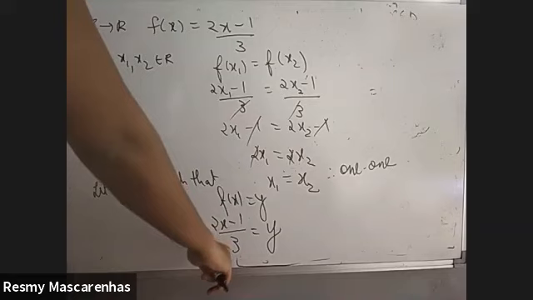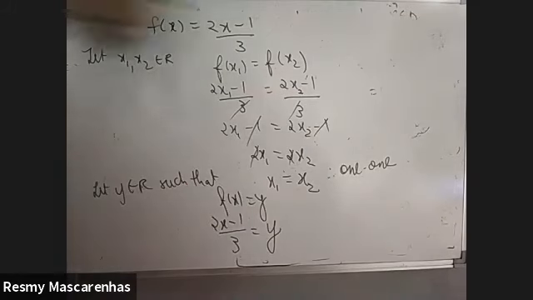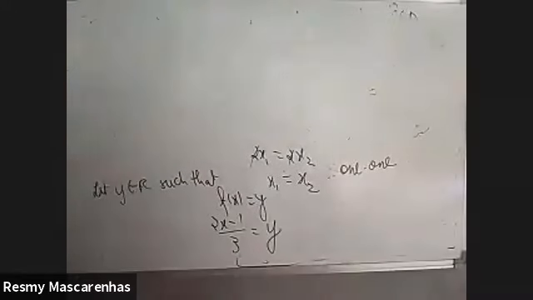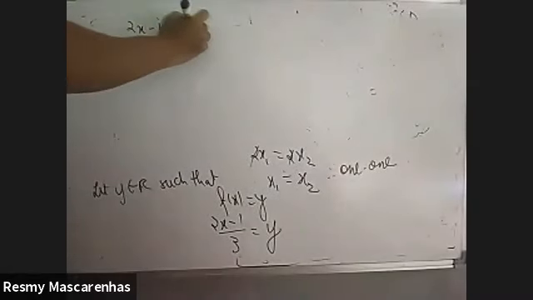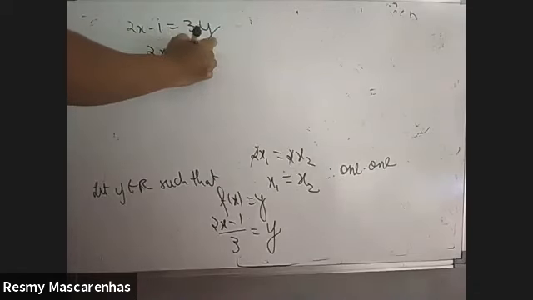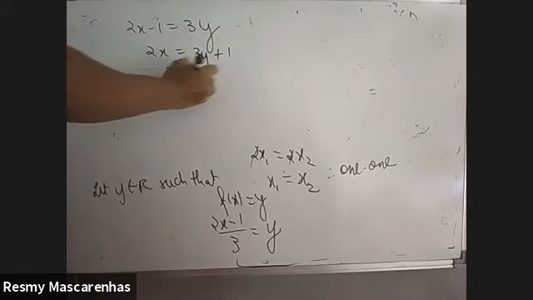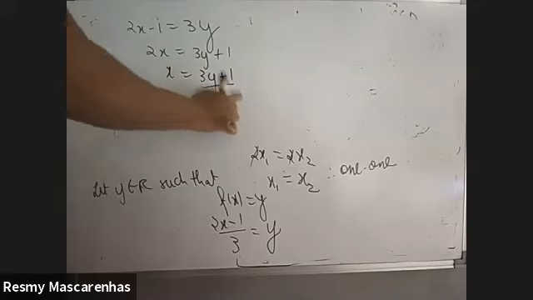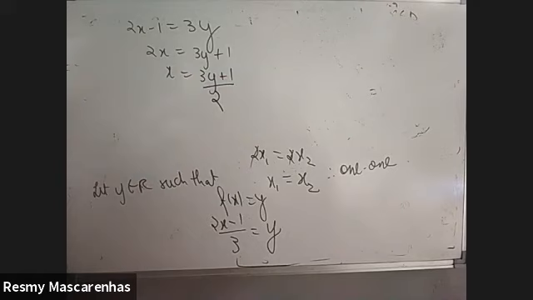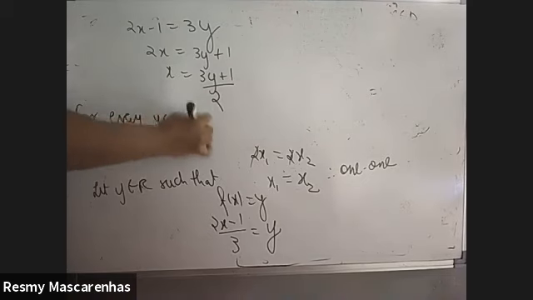So 3 will first go this side. So x is 3y plus 1 upon 2. Now you know that you put any value of R, you will get R only. So for every y belonging to R, f inverse is equal to 3x plus 1 upon 2.